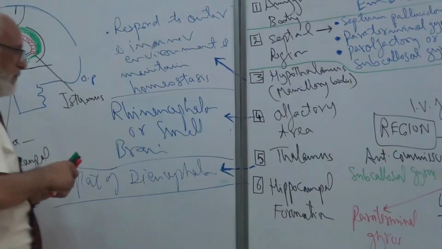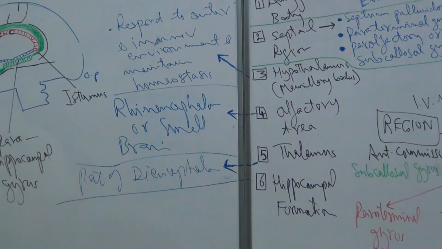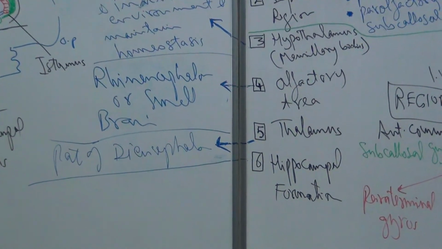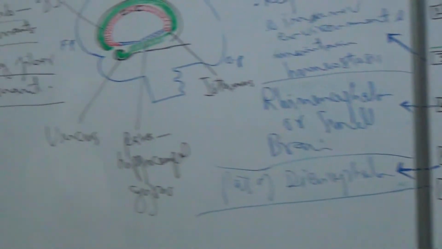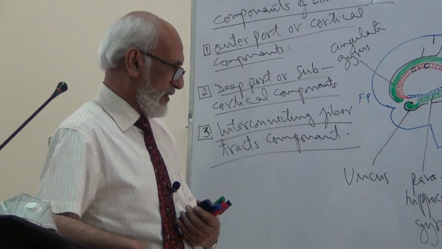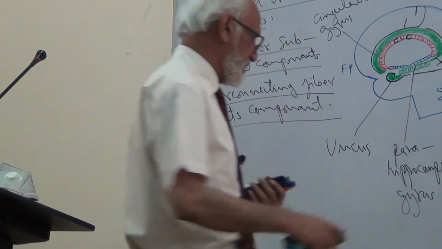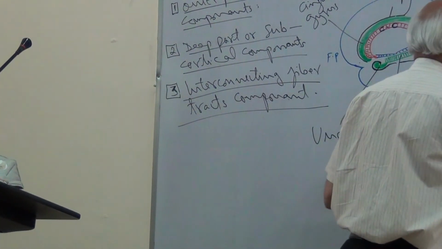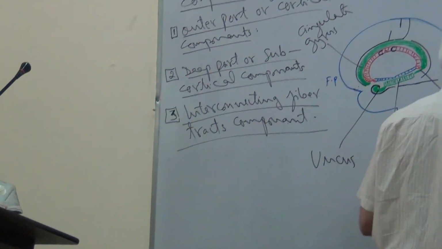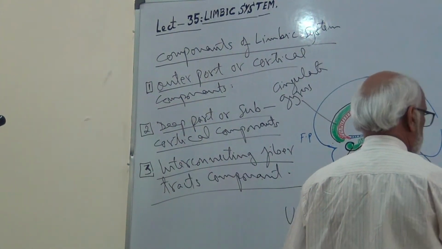Next is the hippocampal formation. In the last lectures, we talked about the hippocampal formation. What are the different components of the hippocampal formation? I will just revise briefly the components of the hippocampal formation.